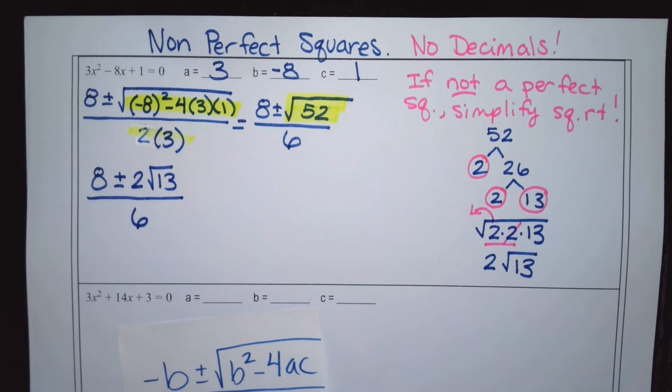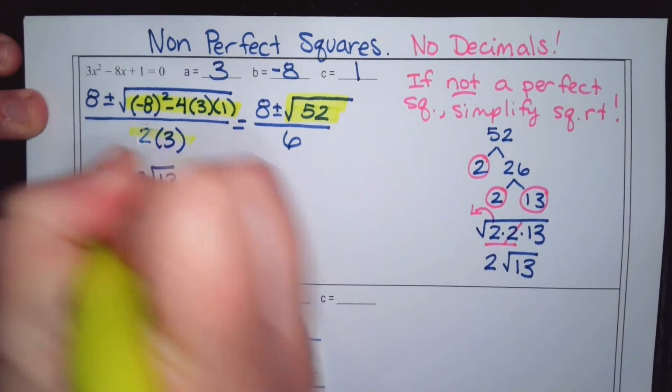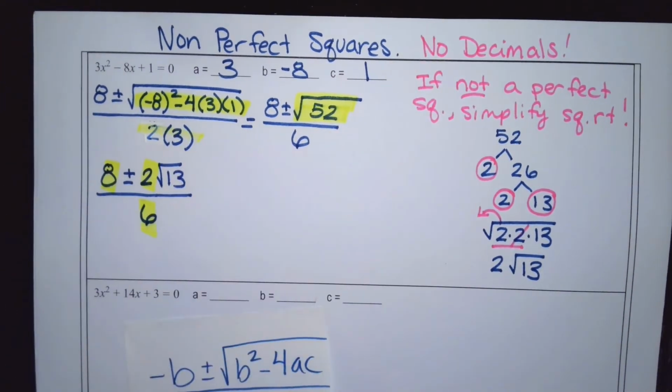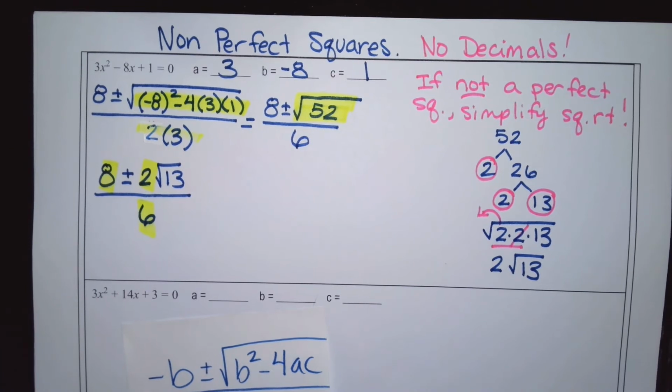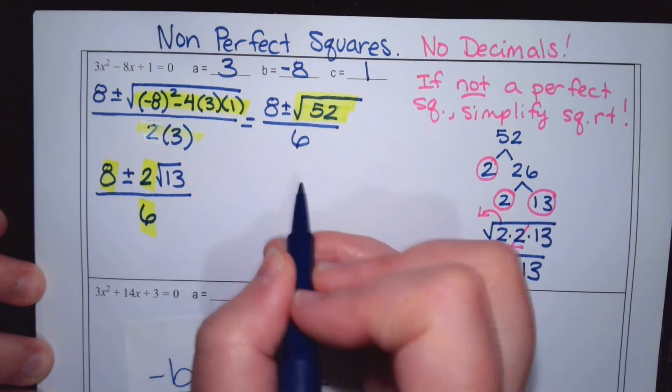We are not done yet. Look at all the numbers outside the square root: 8, 2, 6. Ask yourself, can I simplify those all together? And yes, we can divide a 2 out of those 3 numbers. So that is what we're going to do.